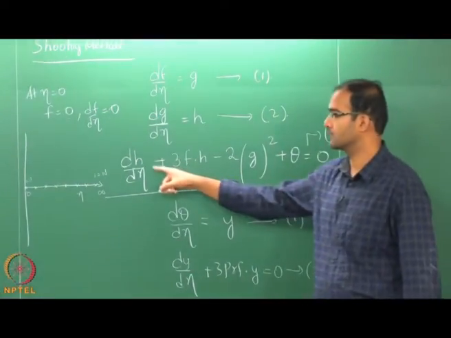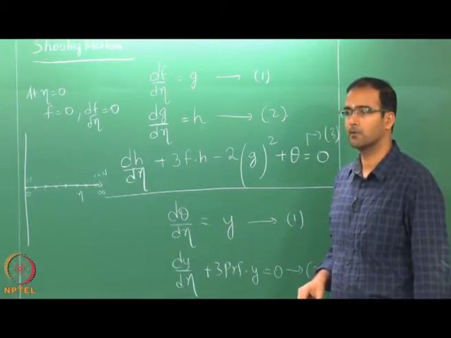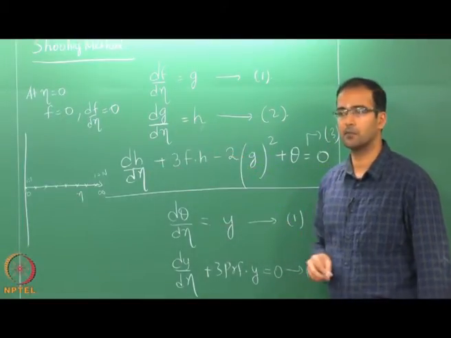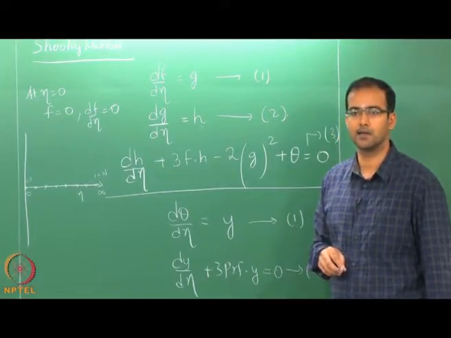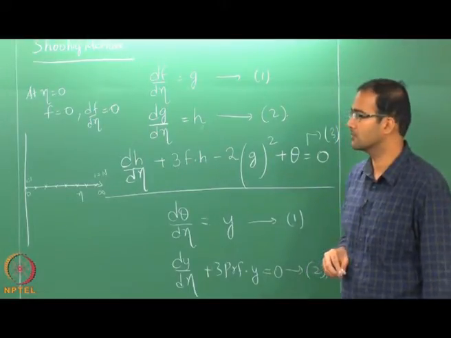Now, coming to the third equation, we need a boundary condition for d square f by d eta square at eta equal to 0, which we do not know.